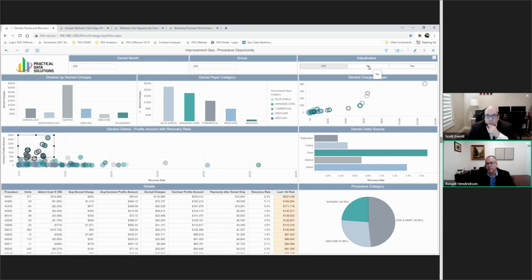Or we could flip it to what's sitting in the open AR. It's not fully adjudicated, and these are at-risk dollars that if we can't find a way to raise these recovery rates, we're going to be losing that opportunity. So a really good example of blending data and really understanding what's going on with that great contract that you may not be able to realize that revenue from.